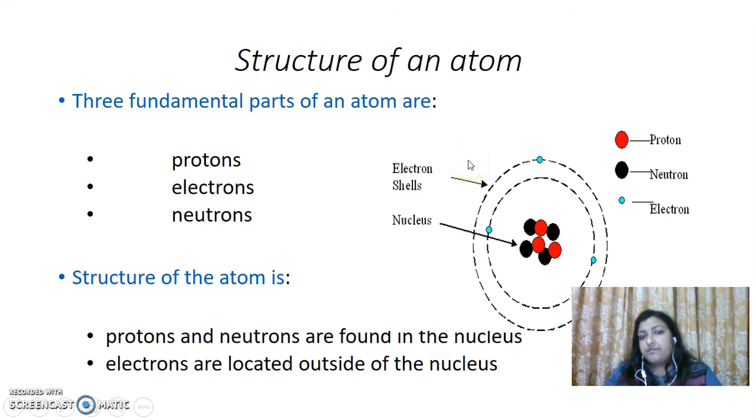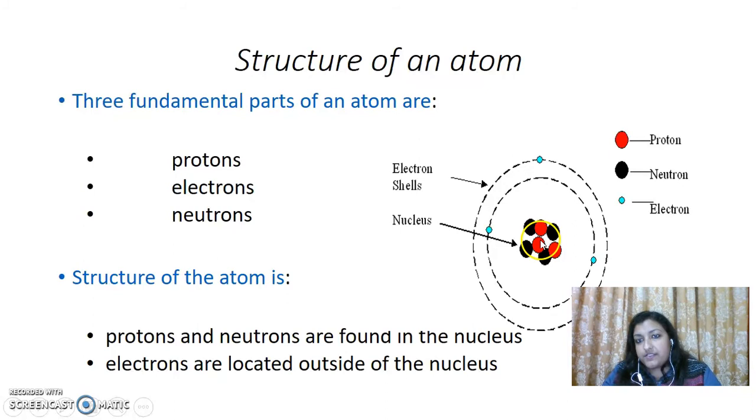We have already learned it, but just a brush through so that it will be easier for you to understand what isotopes are. There are protons, electrons, and neutrons. Here you can see the nucleus, which contains your protons and neutrons, and these are the electron shells where your electrons are orbiting.